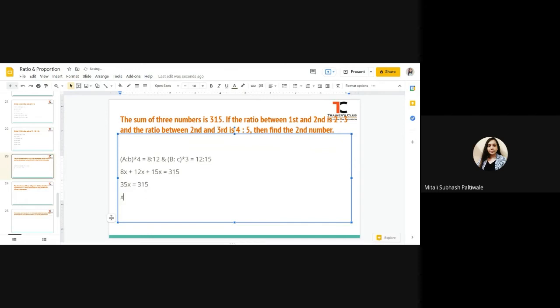Now, x is equal to, I'll directly write this, x is 9. Okay, now x is equal to 9. So we have to find the second number, which is nothing but 12x. So just write this down. Okay, so 12 into 9 is nothing but 108. And that's it.